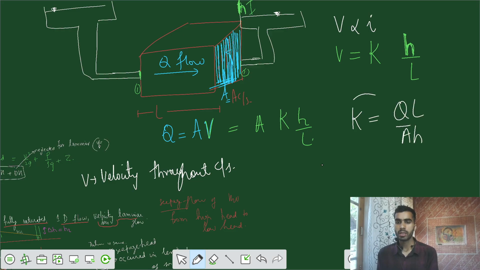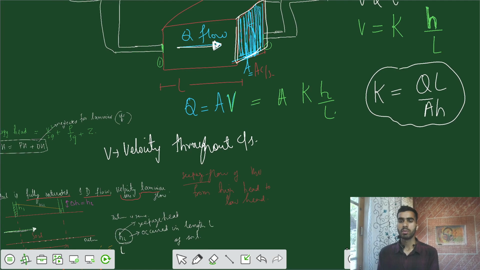So your permeability is QL by Ah. How much flow is possible through the soil? That's Q. What is the area of the cross section, and what is the velocity through the entire cross section? From the continuity, we can get this result for your coefficient of permeability.